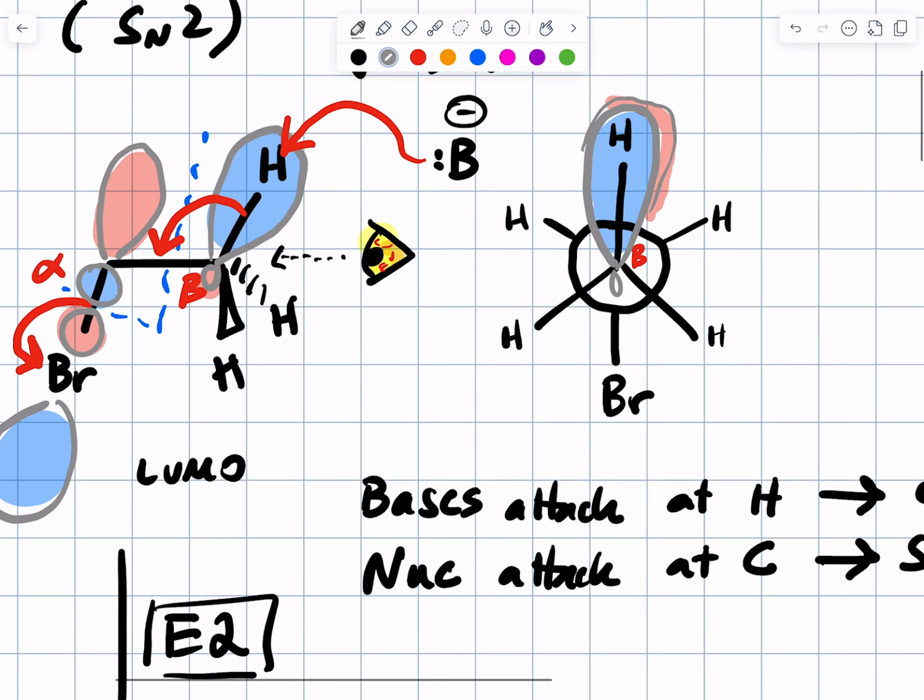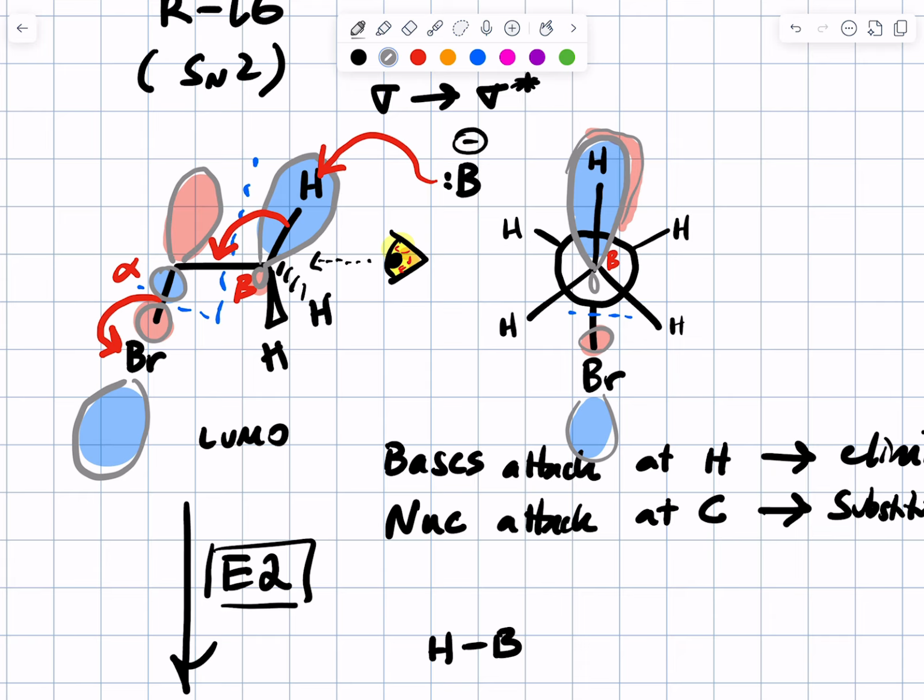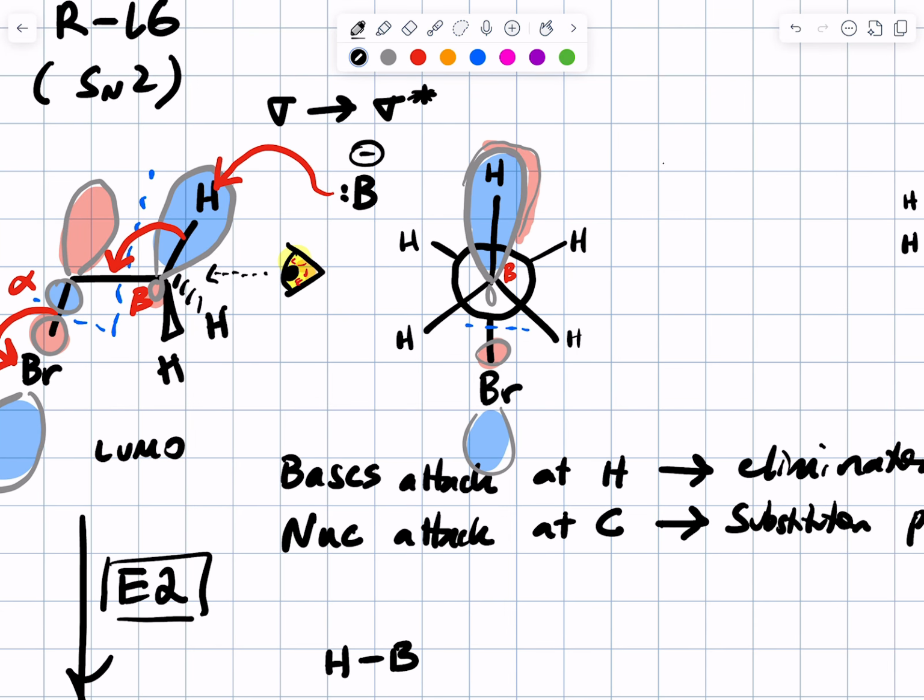Here would be the node between the two nuclei, and so on. Okay, so this required arrangement in space between the beta proton and the leaving group is called anti, which should make sense because we've talked about groups being anti in various conformations.